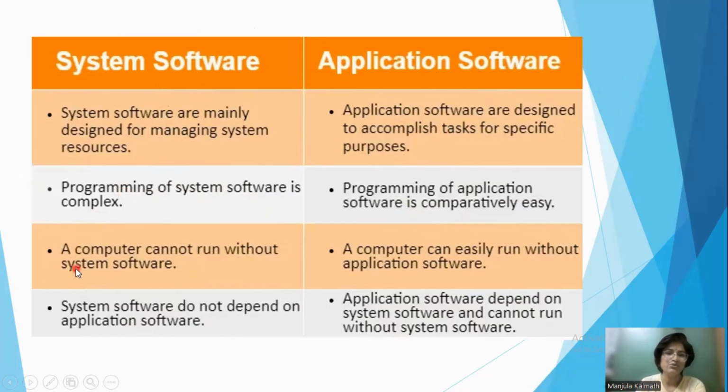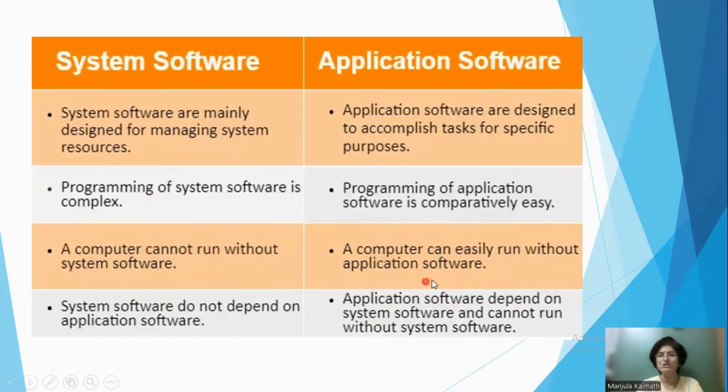And then a computer cannot run without system software. Means here installation of the operating system is a must to work as a computer system. But a computer can easily run without application software. Means without application software, the system software will be running, because this is the platform which makes the other programs run.